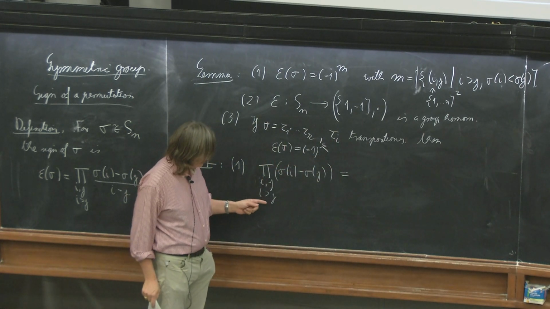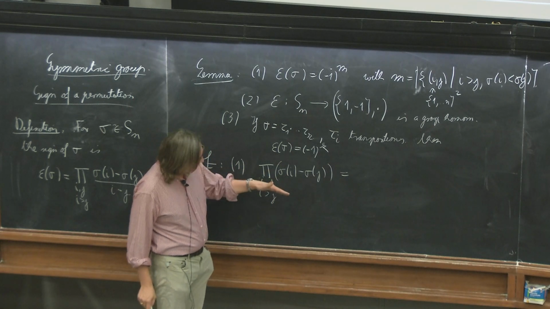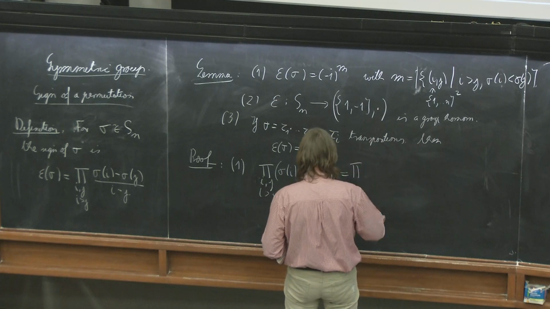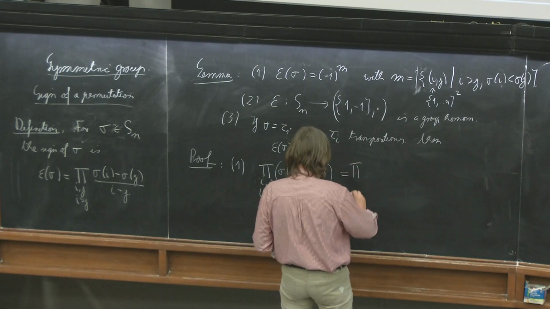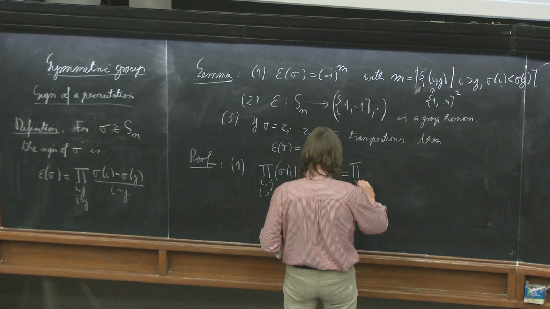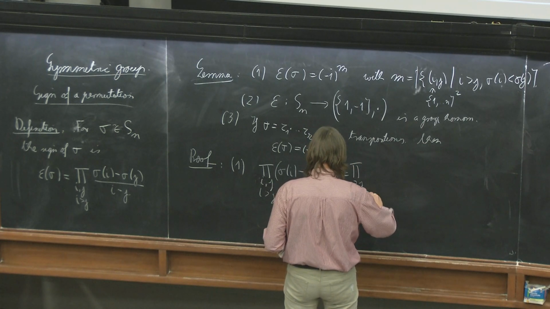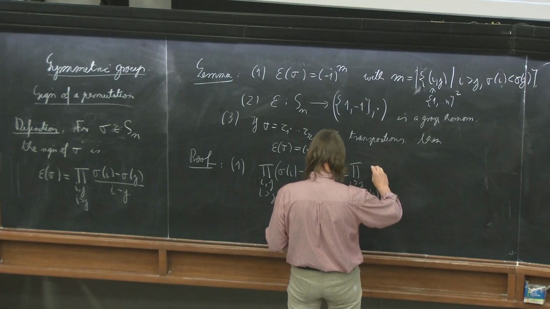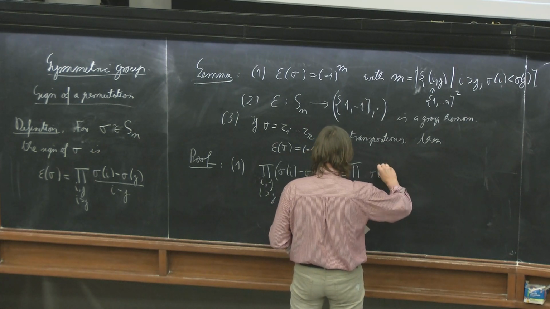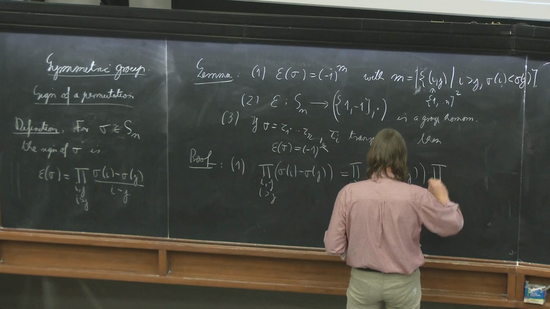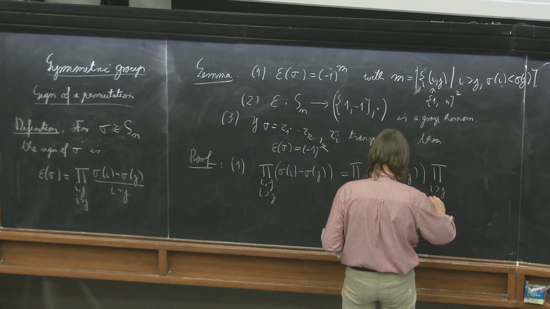Either i is bigger than j and sigma(i) is bigger than sigma(j), or it's smaller. So this is the product over all i bigger than j, such that sigma(i) is bigger than sigma(j), of this thing, times the corresponding product where the order is the other way around.